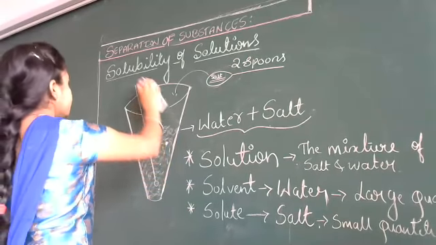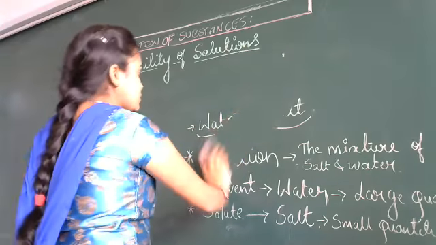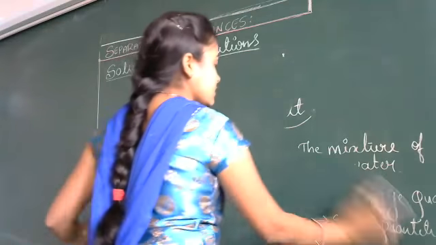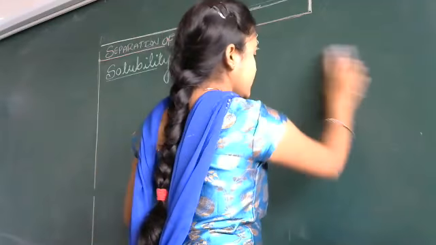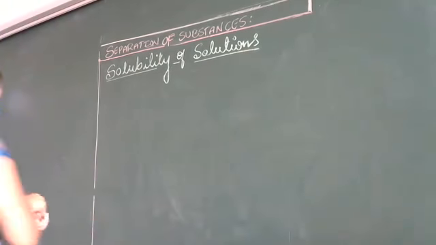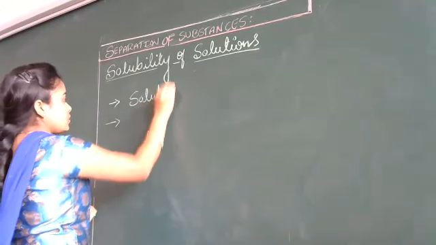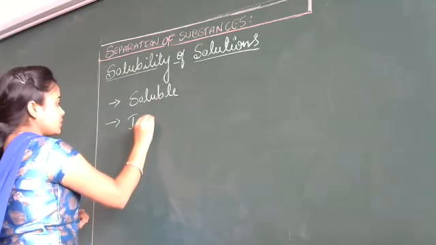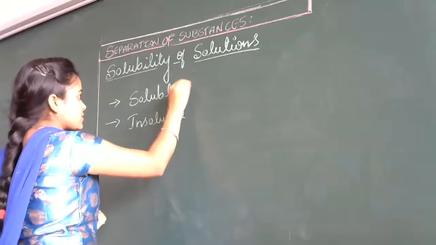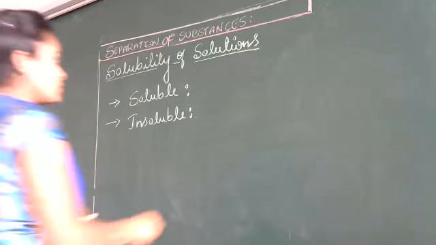Shall I write this? Okay. This overall process is called solubility. For example, here we have taken salt and water. Now again we take two terms, soluble and insoluble. All these things we have studied, right? Do you remember what is meant by soluble and insoluble? What is soluble?